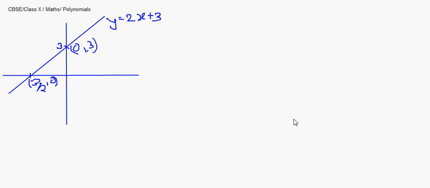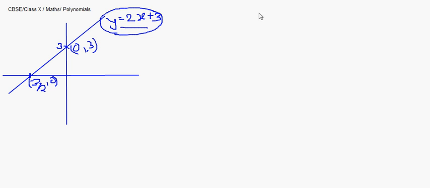Now looking at this graph, the zero of the equation of this line is where y is 0, this one. So the zero of this line will be minus 3 by 2, (minus 3 by 2, 0) actually. That means where the y value is 0, you consider the x value to be the zero of this given polynomial. Here it was a line. This is the graph of a linear polynomial.